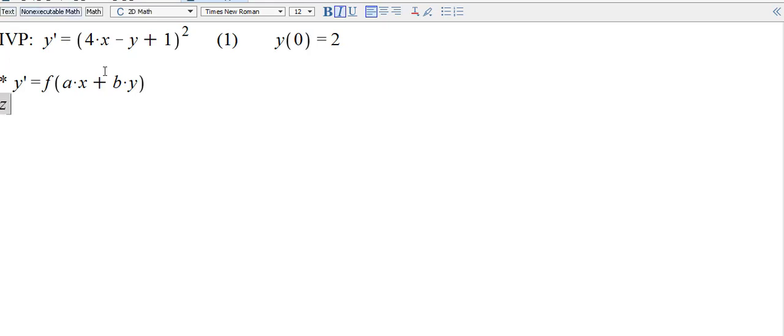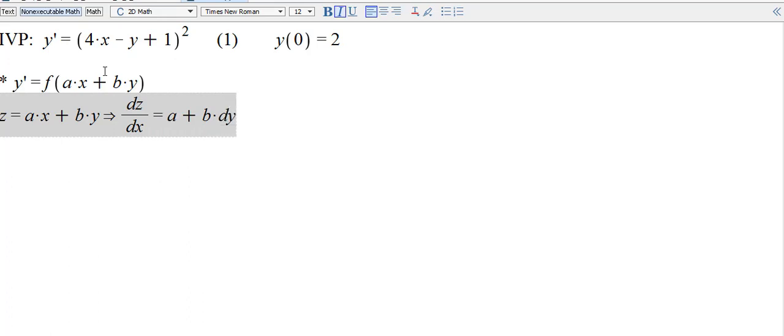Normally we'll set a new variable z equal to ax plus by, and then when you differentiate both sides with respect to x, we obtain dz over dx is a plus b times dy over dx.